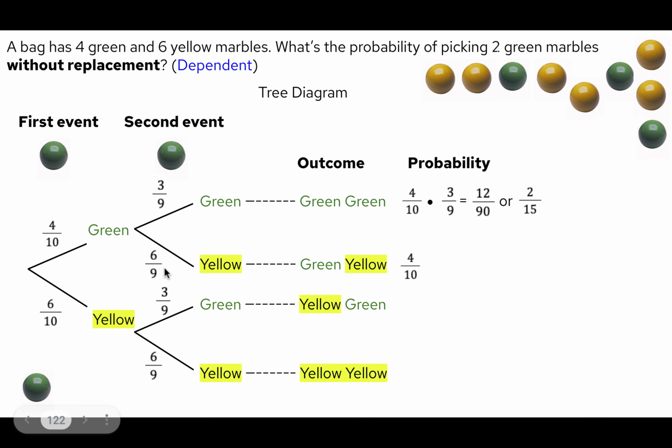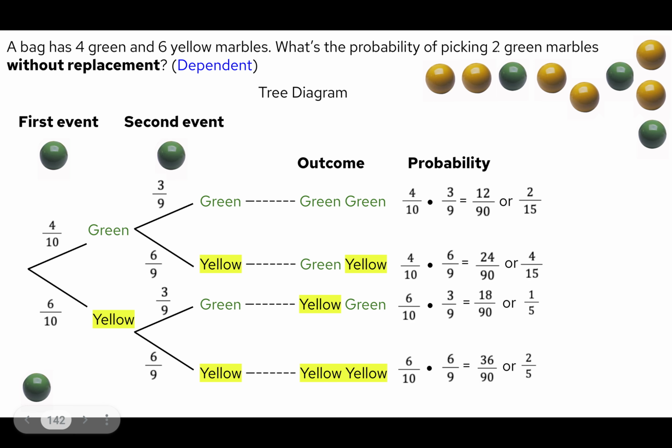So my 4 tenths multiplied by my 6 ninths, and that's going to equal 24 90ths or 4 15ths. I'm going to continue on with my yellow green. So to get a yellow is 6 tenths multiplied by my 3 ninths, and I end up with 1/5. And then lastly, my 6 tenths multiplied by my 6 ninths, and I end up with 2/5.